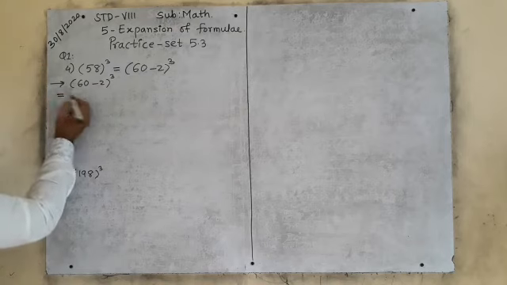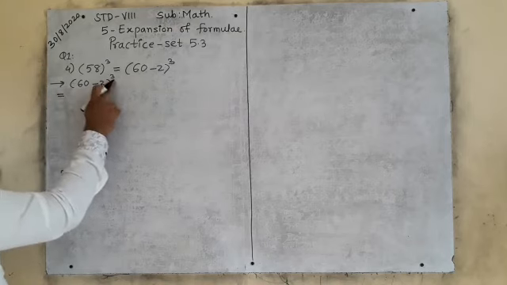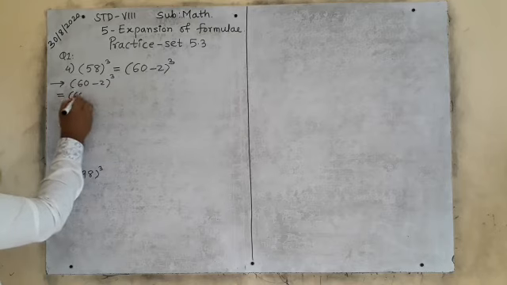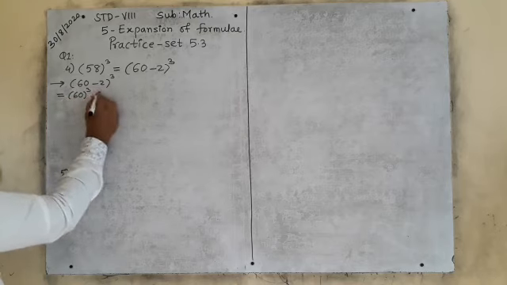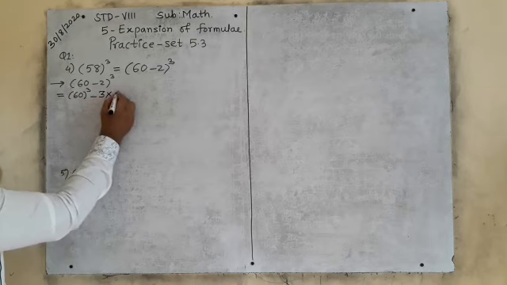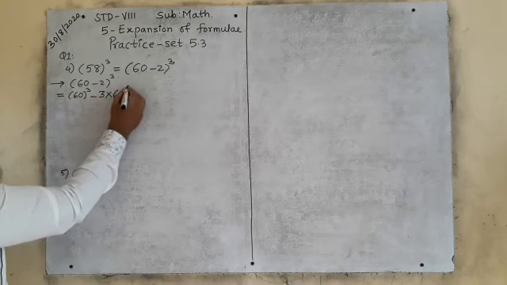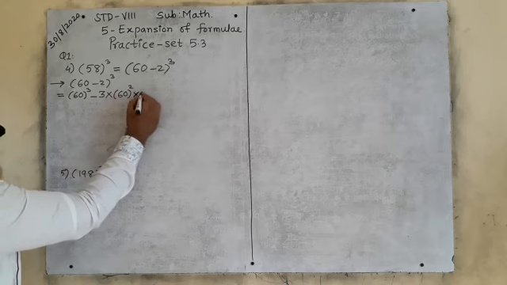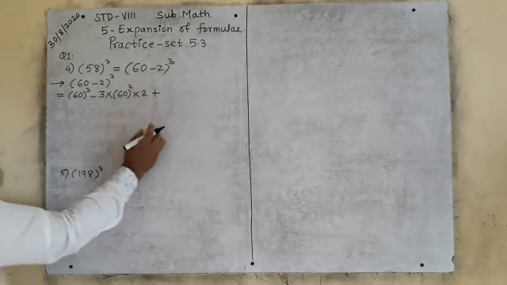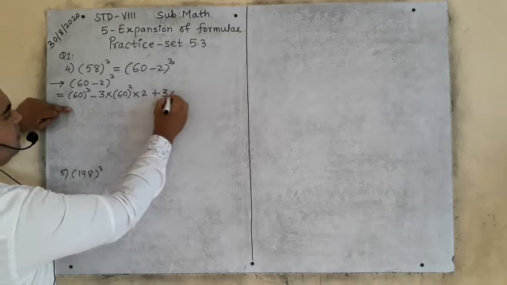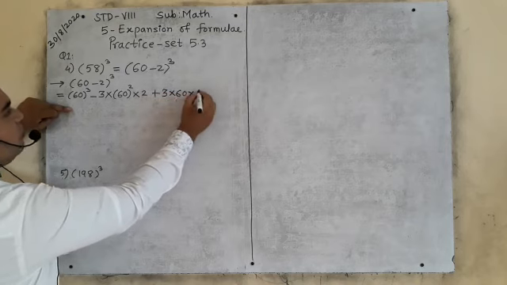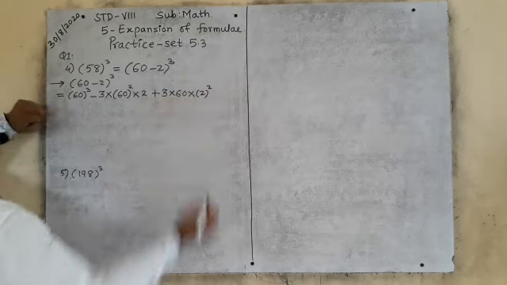Now as we have solved the previous questions, give this cube to the first term, that is 60 cube, minus give this cube to both the terms in the multiplication form. 3 multiplied by square of the first term multiplied by second term, plus, okay, now you will write again the same 3 multiplied by 60, but now you will give square to the second term.